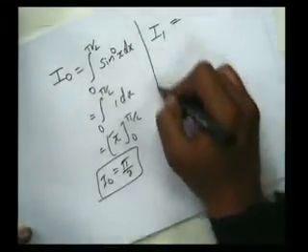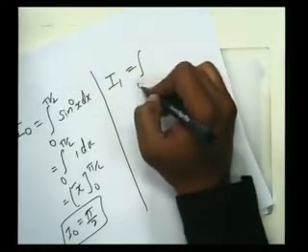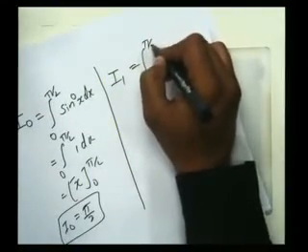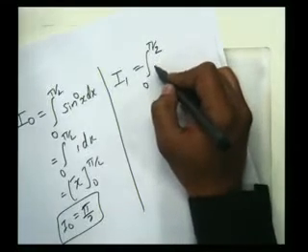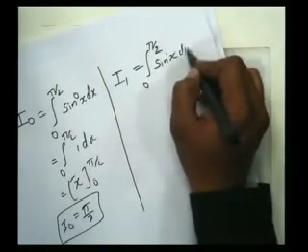In the same manner, I1 equals the integration from 0 to pi by 2 of sine raised to 1x dx.